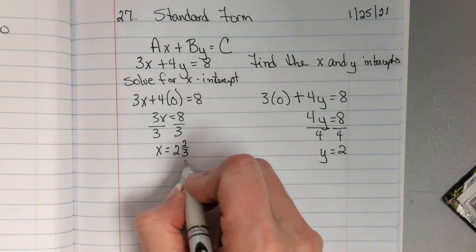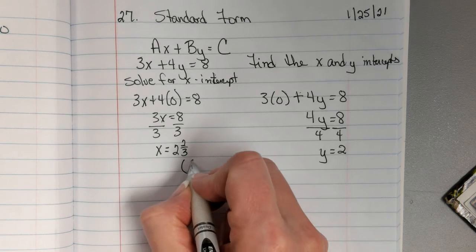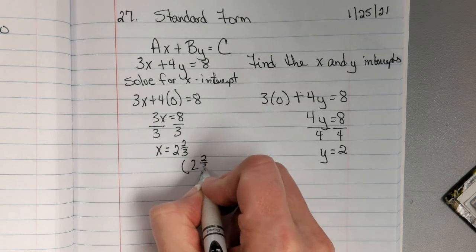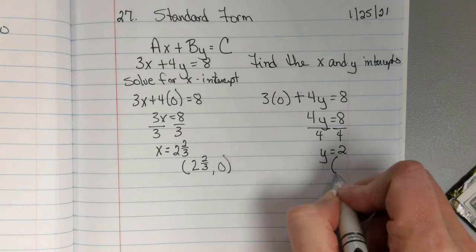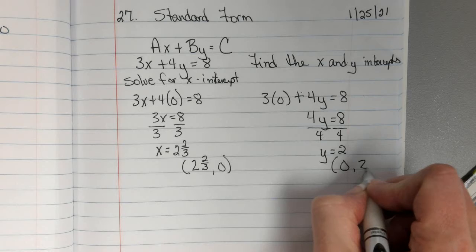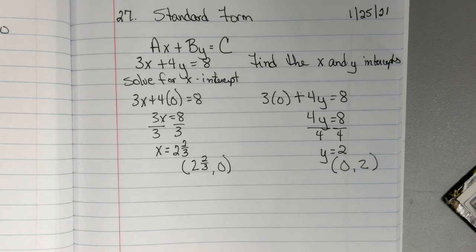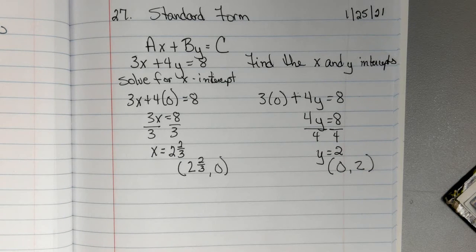So that gives me 2 points on my line. So I would have a point at 2 2/3, 0, and at 0, 2. And that's enough that I can graph that line. 2 points is all you need.